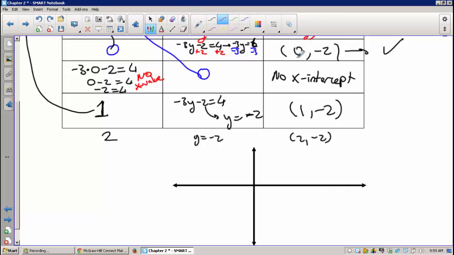Okay, first sketch 0, -2. 0, -2 is on the y-axis because this is called the y-intercept, and it's right here. That's 0, -2. Where is this 1, -2? Here is 1, here is -2.